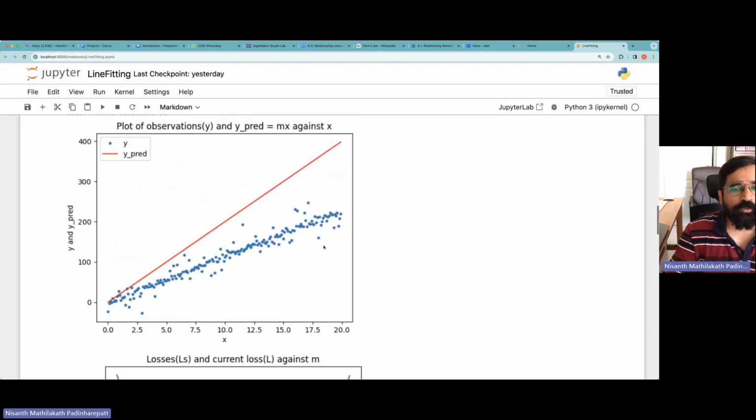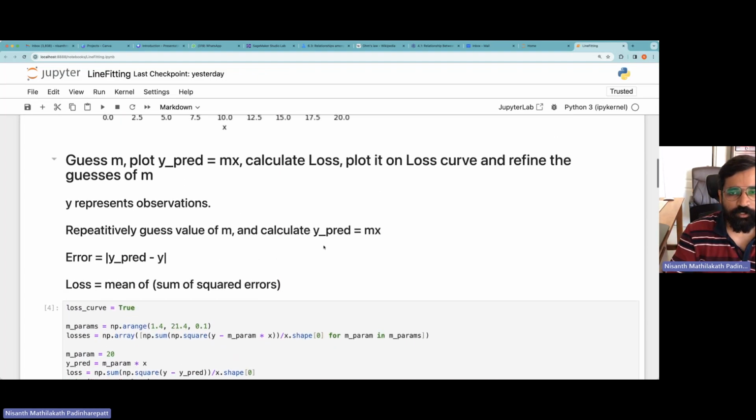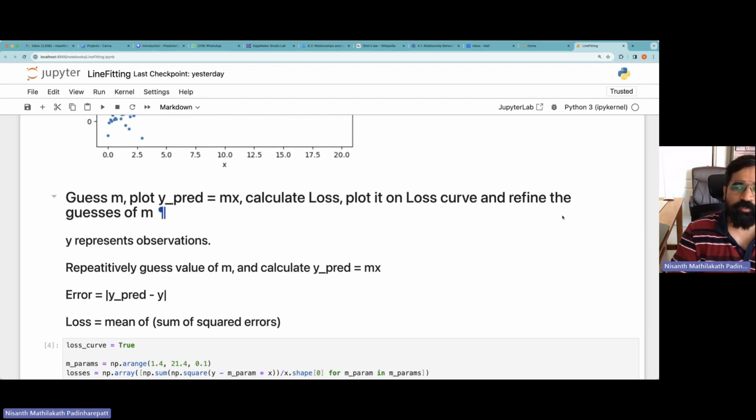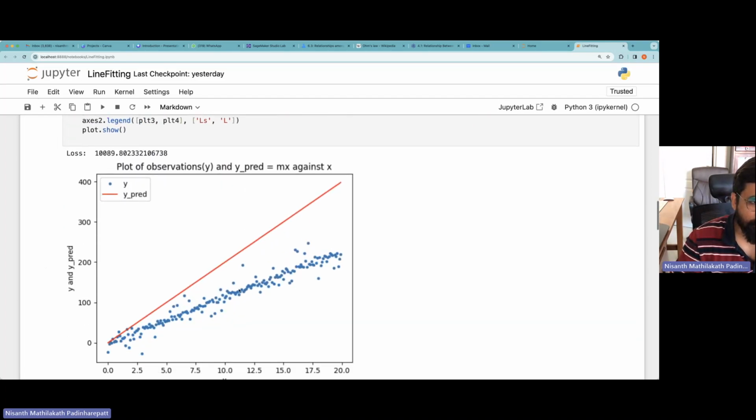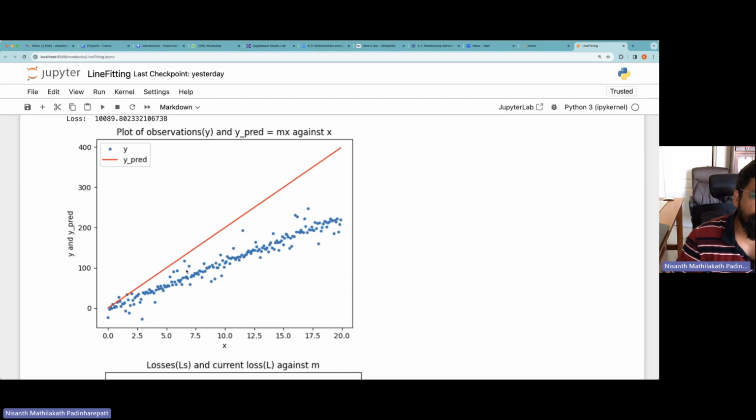And then what we will do, we looked at the loss, right? And then refine the guesses of m. How is this calculated? y represents the observations, and we repeatedly guess a value of m and calculate y pred equal to mx. What is the difference between y and y pred? y is the actual observation, the blue dots, and y pred is the guessed one, the line we drew. That value is the y pred, and this is the error.